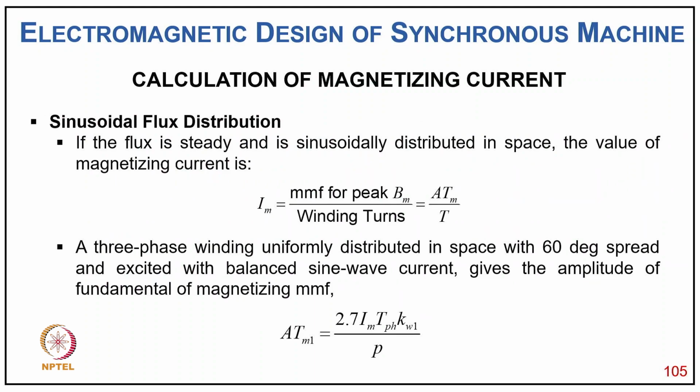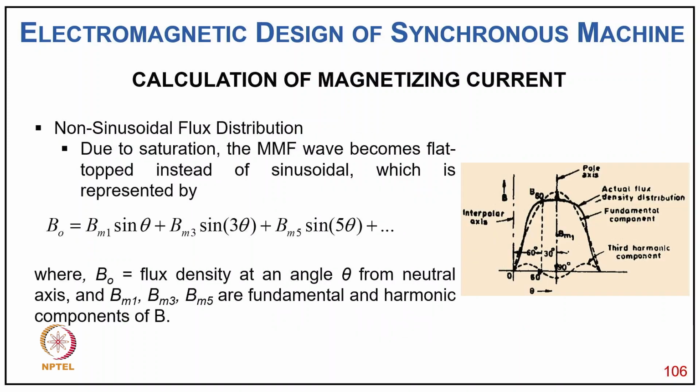So typically for a sinusoidal flux distribution, if the flux is steady and sinusoidally distributed in space, the value of magnetizing current is Im equal to the MMF for peak flux density, ATm, divided by winding turns, so ATm by T. A three-phase winding uniformly distributed with 60-degree phase spread and excited with balanced sine wave current gives the amplitude of fundamental magnetizing ATm equal to 2.7 Im Tph Kw1 by P, and with non-sinusoidal fluctuation due to saturation, the MMF wave becomes flat topped instead of sinusoidal in distribution.